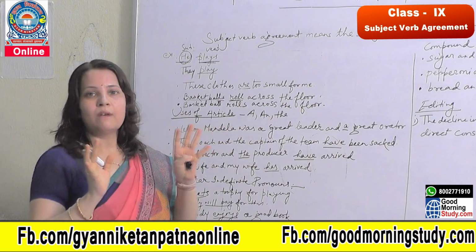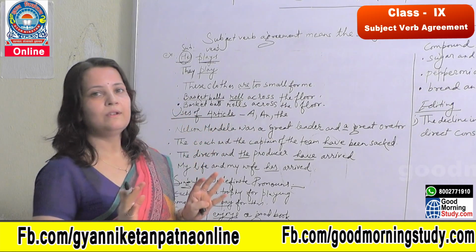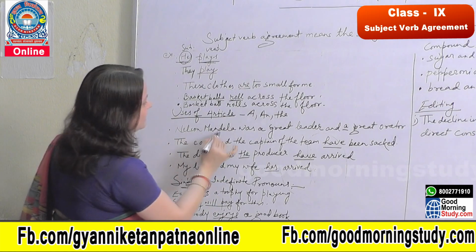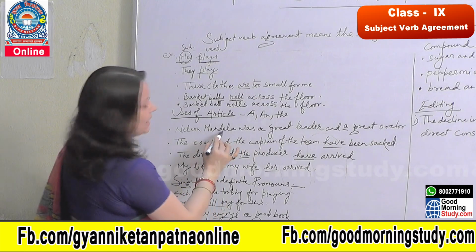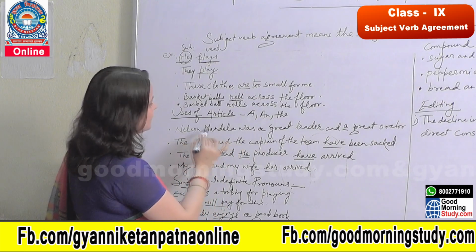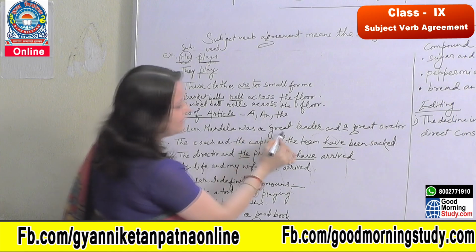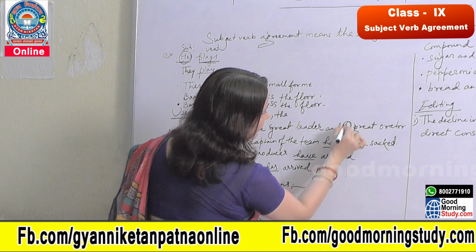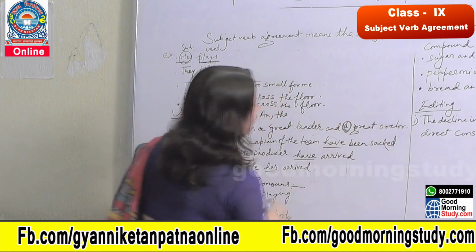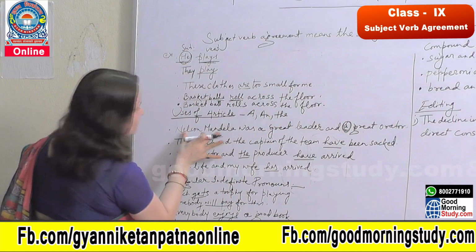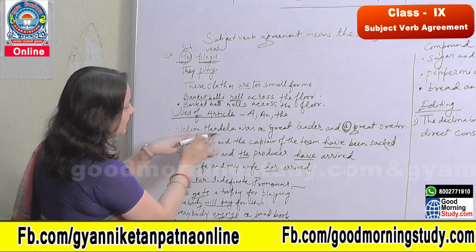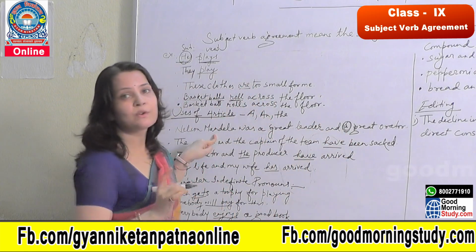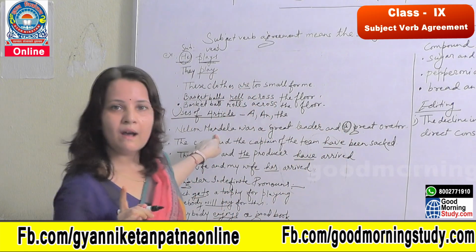We do not use a and the just anywhere. Like for example, Nelson Mandela, we are talking about one person. So Nelson Mandela was a great leader, and if we use an article here, a great orator, meaning we are talking about Nelson Mandela, one person, and if we add a here, it means we are talking about another person.